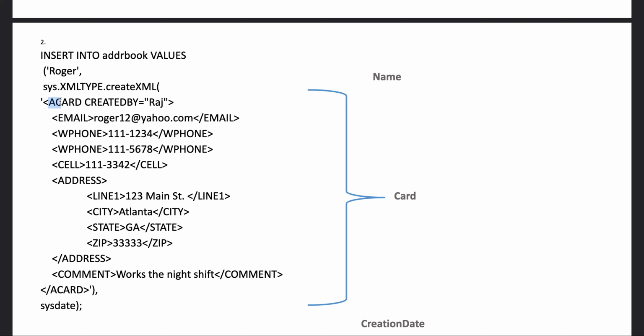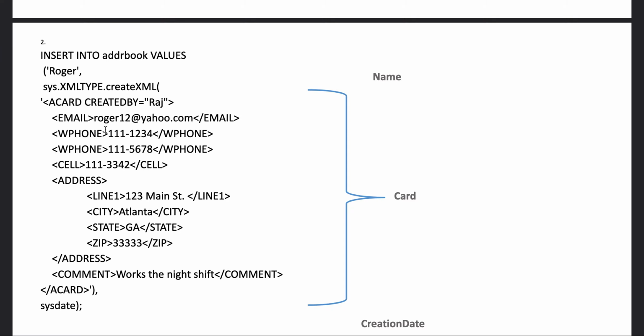So we have a card created by Raj, and then within these two tags, the ACARD tags, we're going to have email, work phone, cell phone, address, which also has multiple attributes of its own, right?